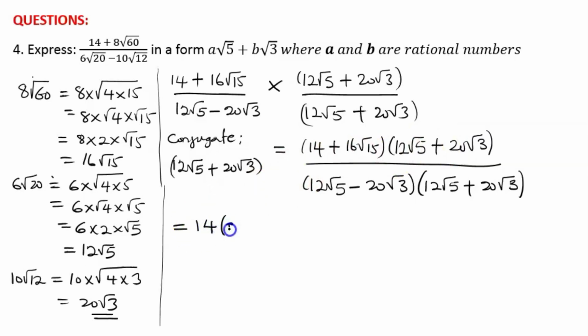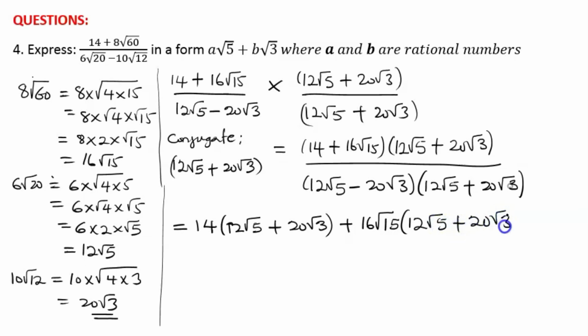So we have 12 root 5 plus 20 root 3. Then plus we have 16 root 15 multiplying 12 root 5 plus 20 root 3. This is what we are going to have.